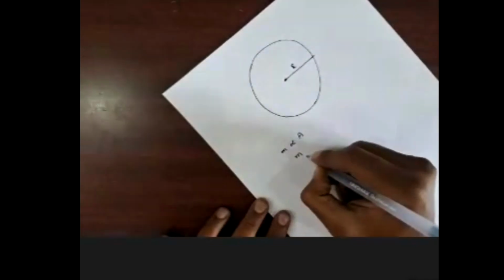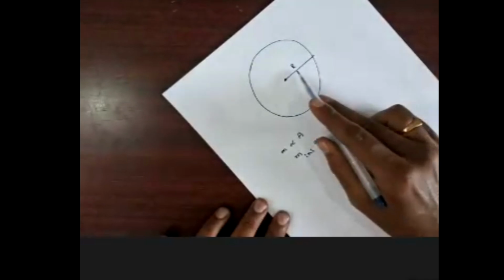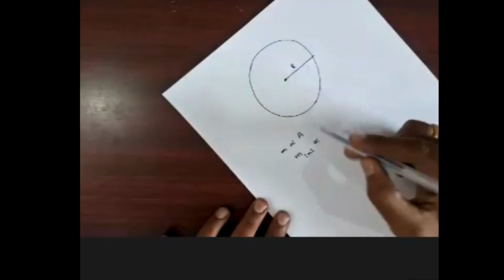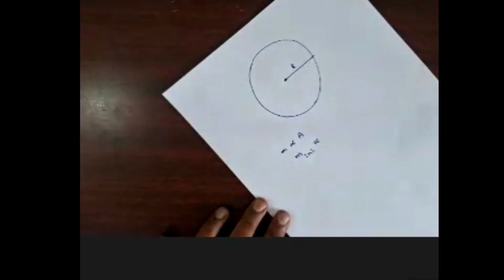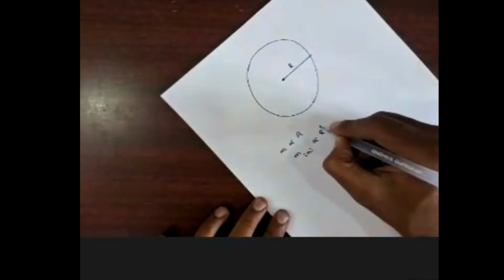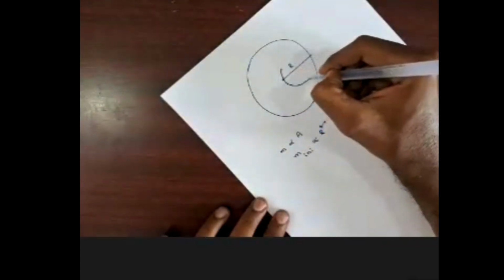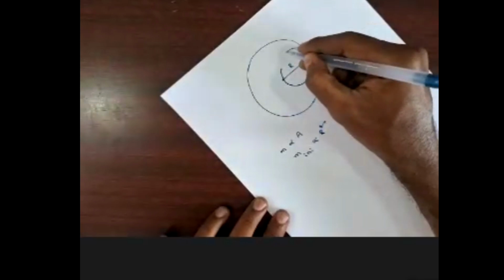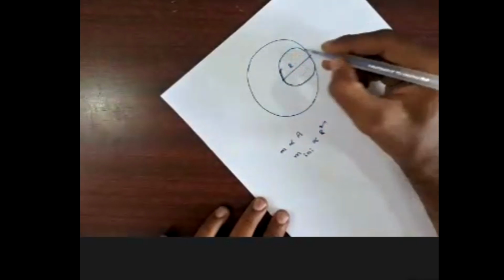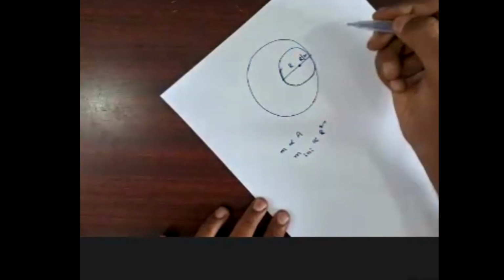This is the initial circular plate, so M initial is proportional to the area of the circle, pi R square. Pi is constant, just forget about that, so R square. Now I added another circular plate having radius R by 2.